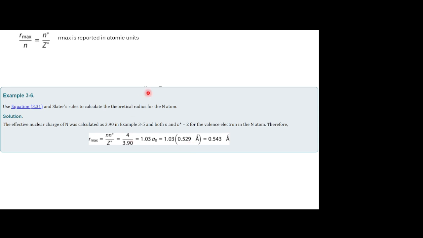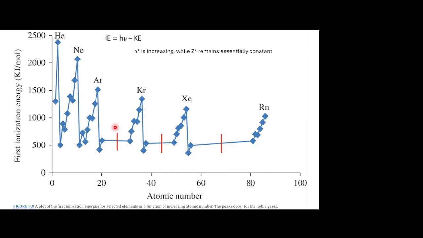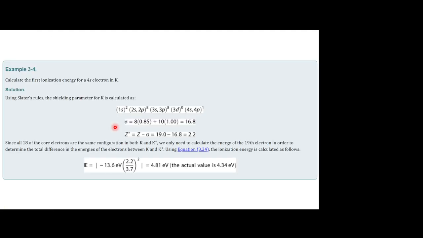Okay. Now, if you have any difficulties calculating this, let me know, okay? Can you just review that real quick? I don't think I have the problem up here. No, I don't. Or at least I have a slightly different one. We can do this one if you want, which is a slightly different problem. So calculate the... No, this is the first ionization energy.